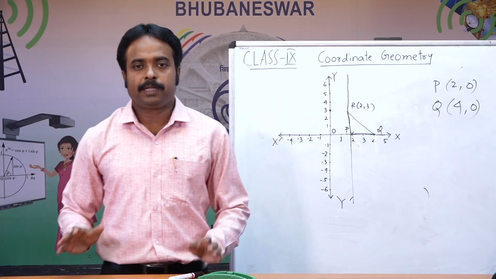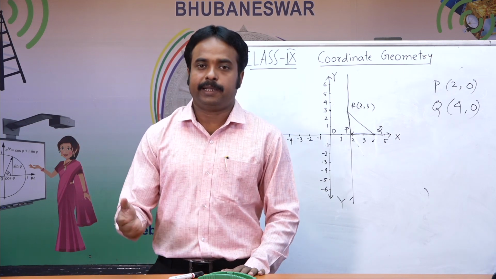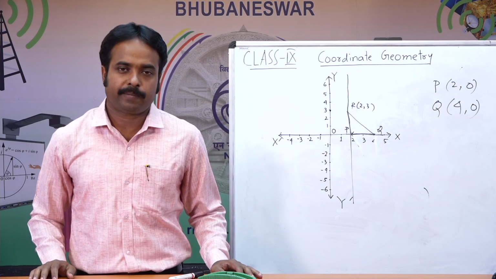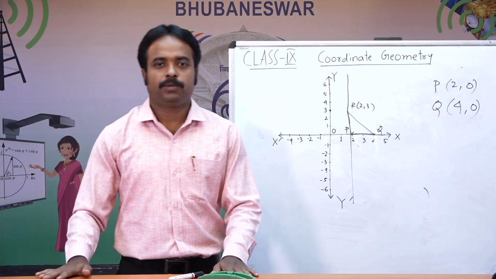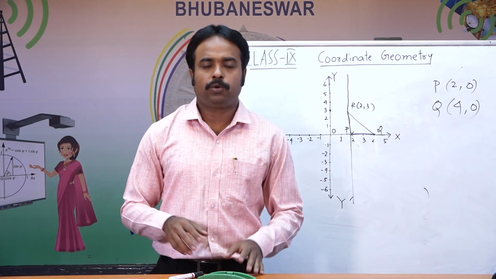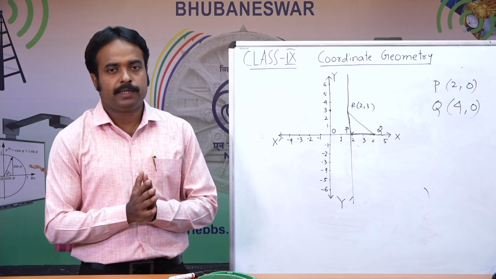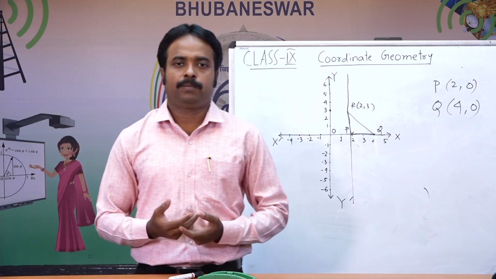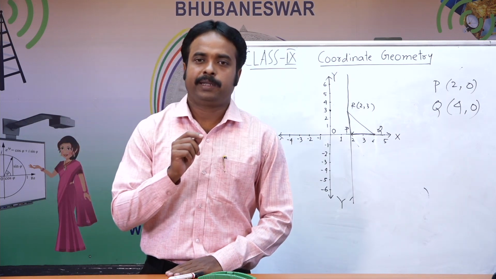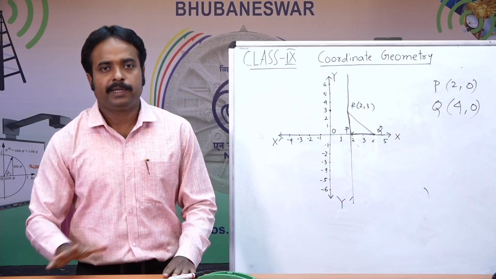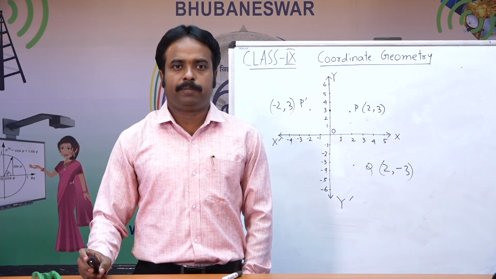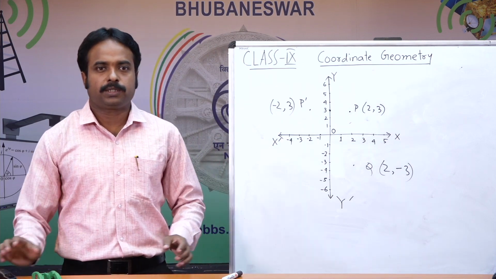We may get several points, or rather we are getting infinite values of R. So if the question asks to take any point R, among all these points you may take any one of these, and you may say that this is R, and our triangle PQR is a right triangle.